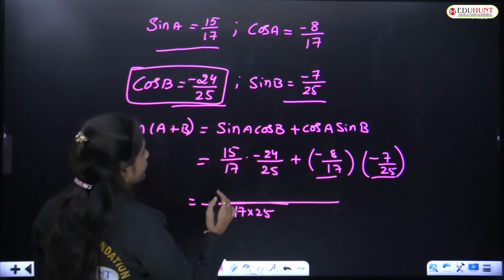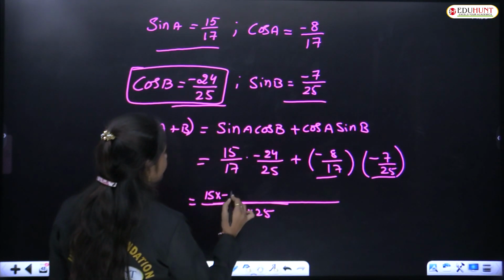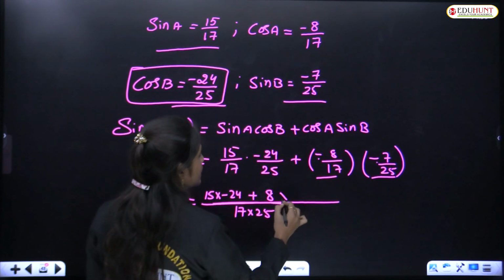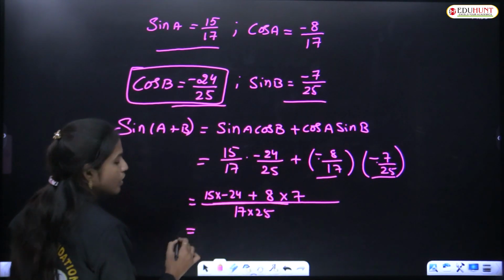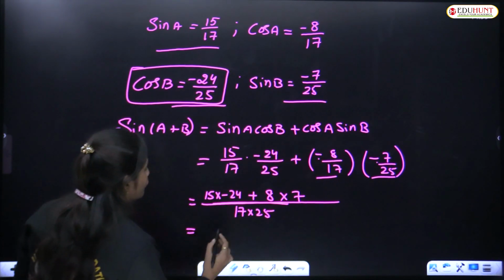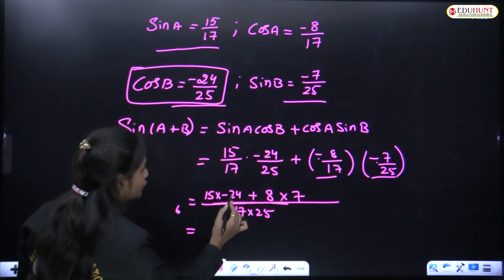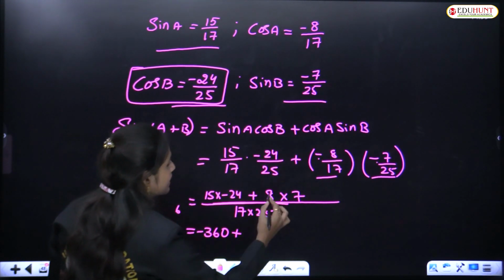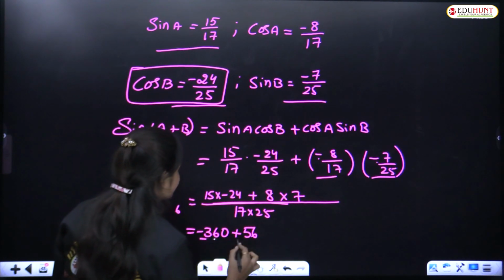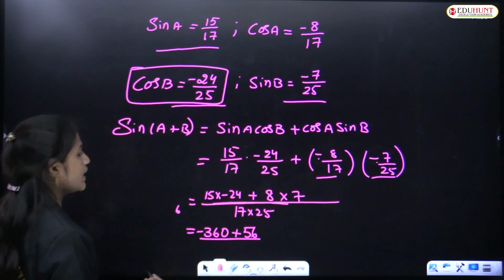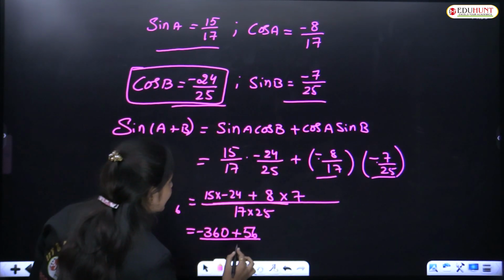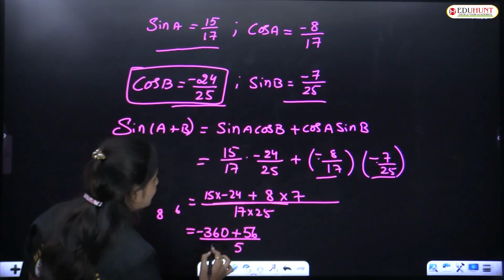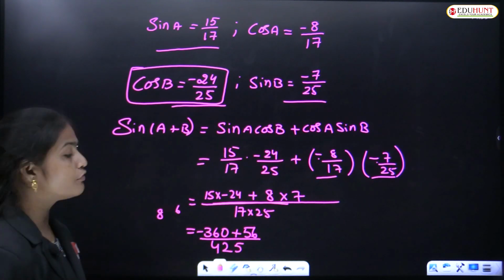LCM. So next, 15 into minus 24 plus, here minus into minus is plus, so 8 into 7. Now 15 fours are 60, and 15 twos are 30, plus 6 is 36, so 360 with a minus sign. Plus 8 sevens are 56. Whole by 17 into 25, which is 425.